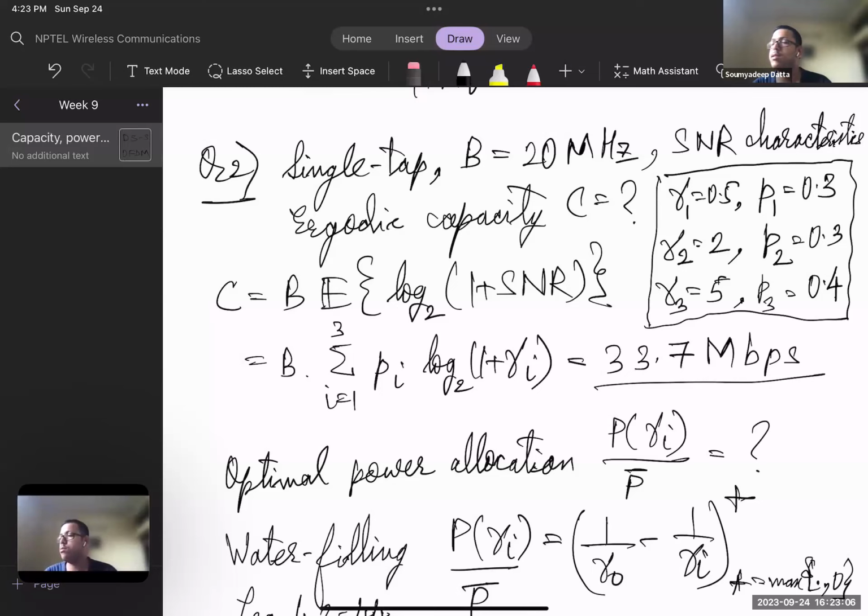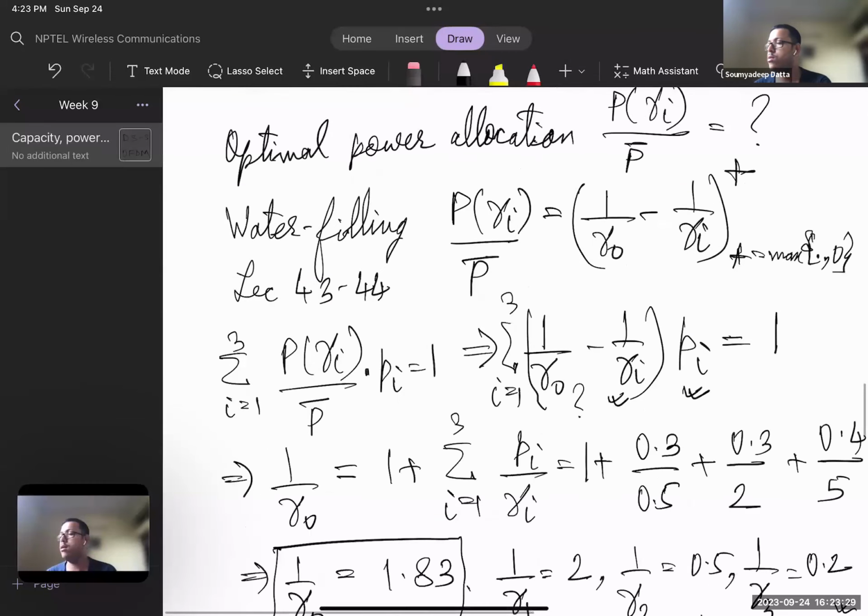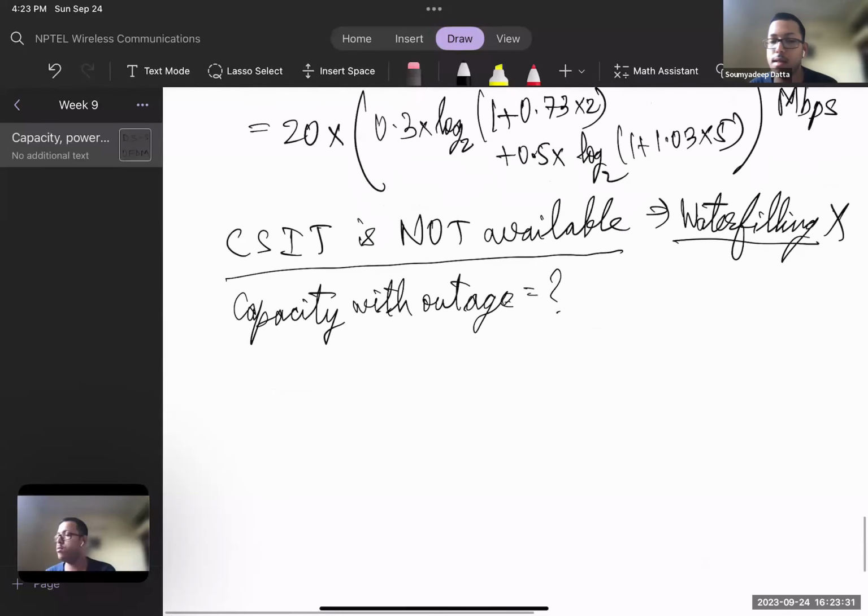In the worst case, if you want to be absolutely safe and you don't want any outage, then you can assume that the worst case channel is gamma 1, and so you don't allow for any outage. So you will assume the worst case and transmit according to that, right? What is the capacity you will get in that case?